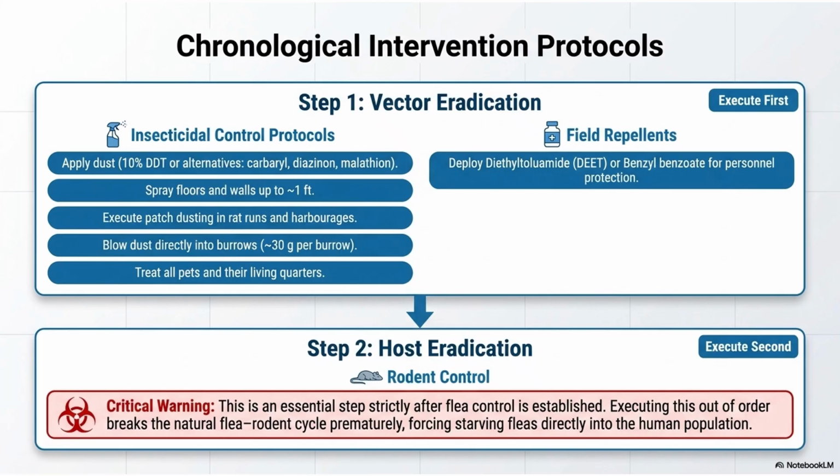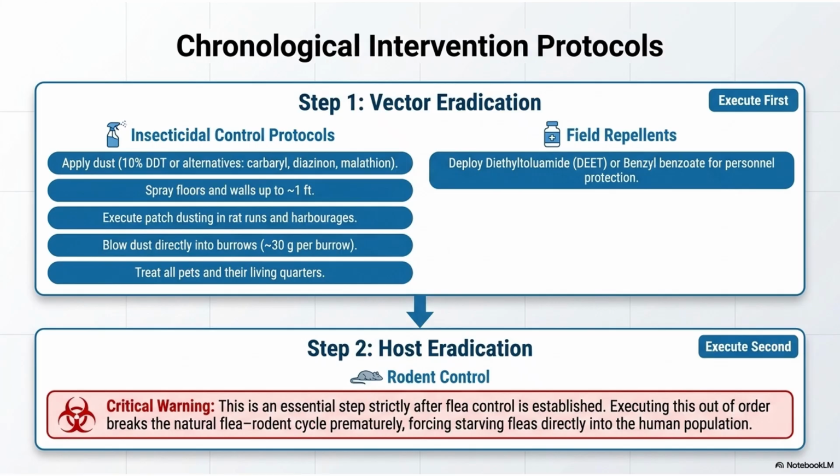One more thing is, if the rodents are low, then the rat flea population will automatically decrease. So host eradication is nothing but rodent control. This rodent control is an essential step, strictly after flea control is established. Why?